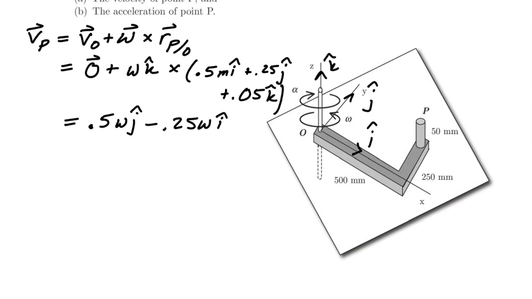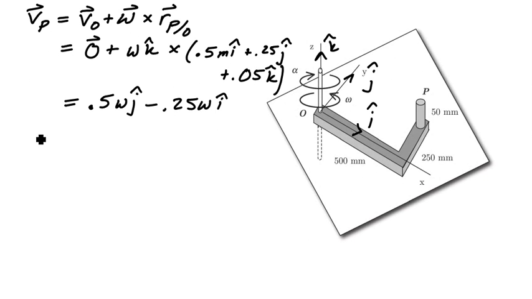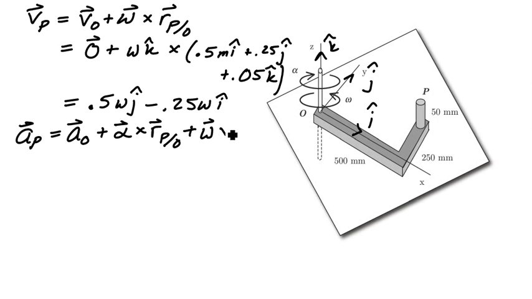Now I can reproduce this with acceleration. The acceleration of point P equals the acceleration of point O plus the angular acceleration of the rigid body crossed with the position vector r of P with respect to O, and because this is a 3D problem, plus omega crossed with the quantity omega cross r of P with respect to O. Doing the substitution, the acceleration of point O will be 0. Alpha will likely be a negative number, because a clockwise angular acceleration in the k means the alpha scalar is negative.